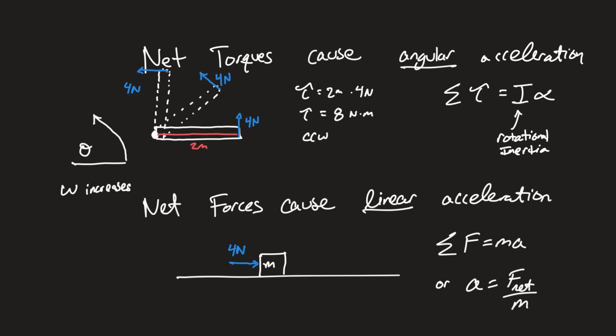But by the way, this analysis is kind of a simplistic analysis for rigid body rotations. When you get to some more higher level stuff, then there's some other things that go on that I don't want to talk about right now. But anyways, for our purposes, this looks great, and we're going to be able to then say that the angular acceleration will be equal to the net torque divided by the rotational inertia.